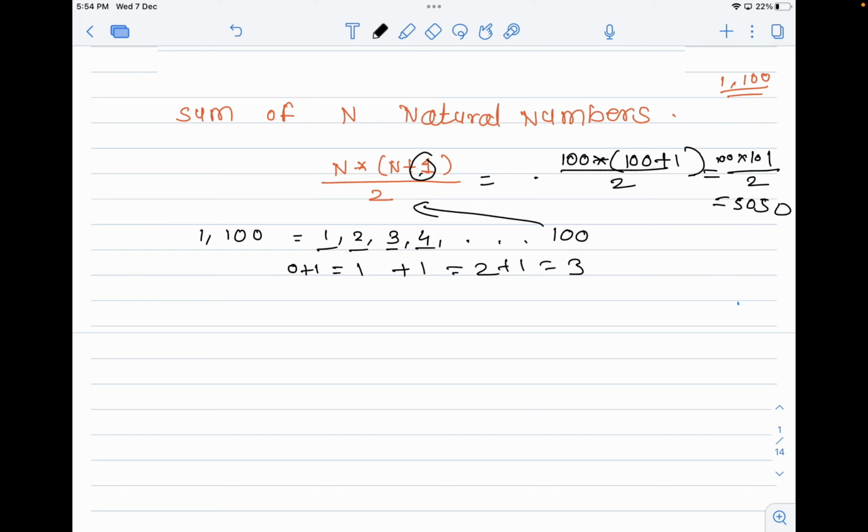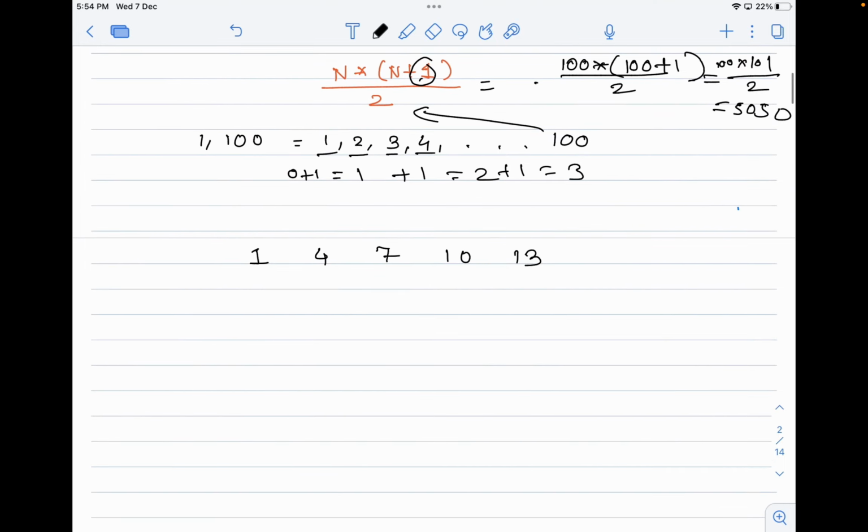Now what about this? Just tell me the answer: 1 4 7 10 13. Which is the next number after 13? Can you see something common there?